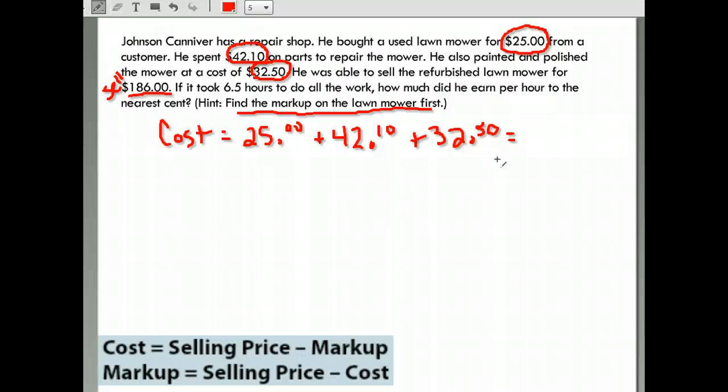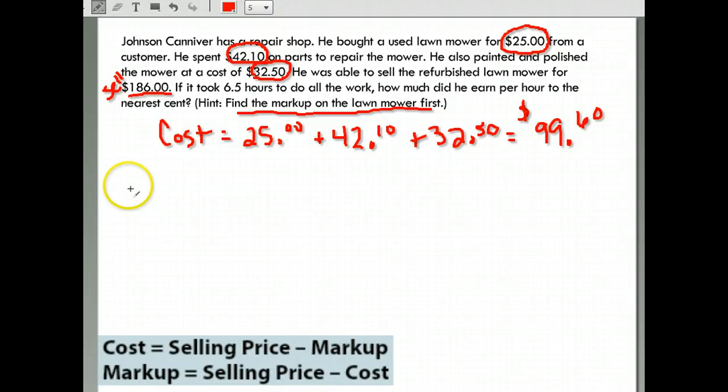Because for markups, we have to take the cost and subtract it from the selling price. So we need to know what his cost was. Okay, so his cost was $99.60. That's how much it cost him total to buy and fix up that lawnmower.